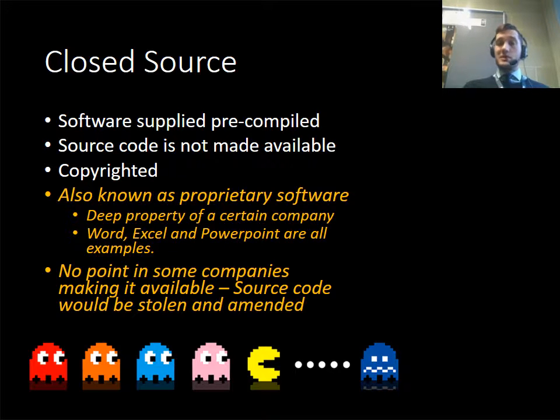Now, this is also known as proprietary software, given that the company owns the software and they make money off it. There's no point in them making the source code available because otherwise it's going to be amended and they're not going to make money off it. So closed source software doesn't allow you to make those modifications. Problem is you don't get as much time on people updating it either.